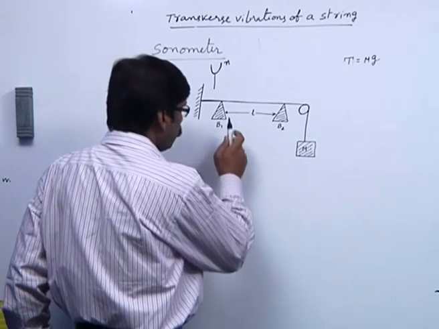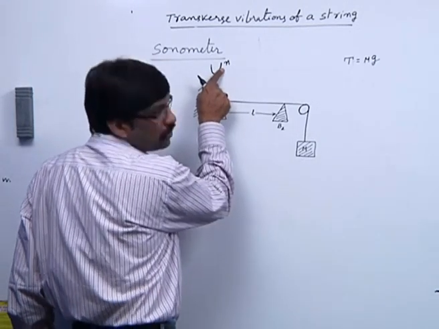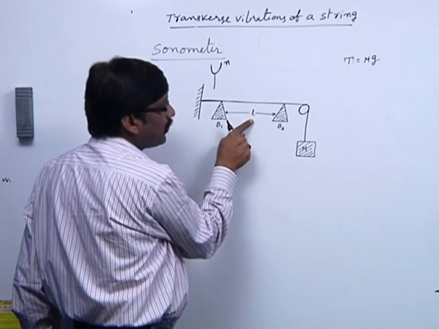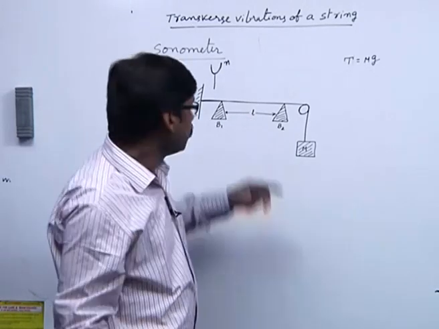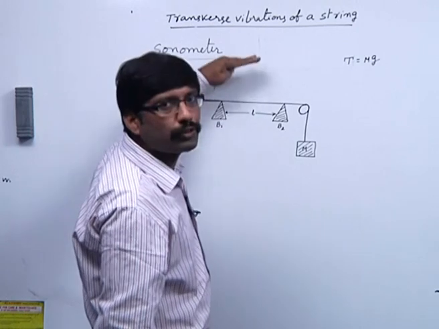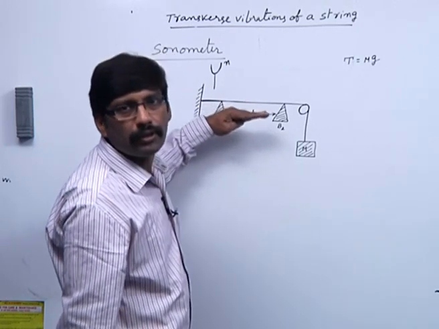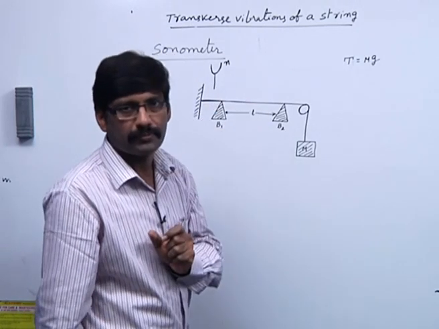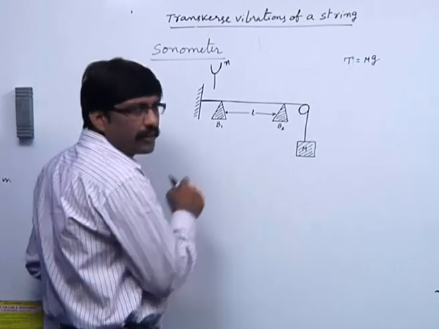Now, when the frequency of the tuning fork and the frequency of the vibrating string are the same, the string vibrates with maximum amplitude. That phenomenon is called resonance. What is resonance?